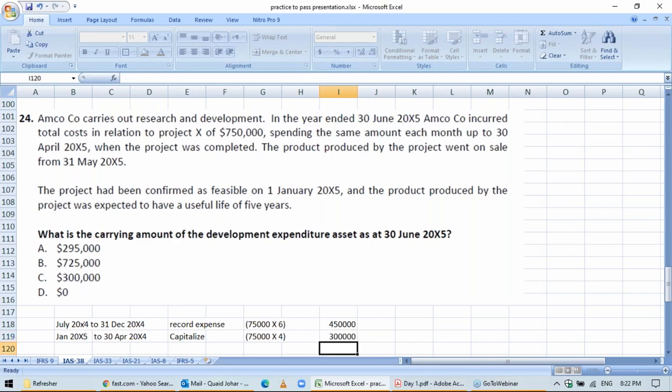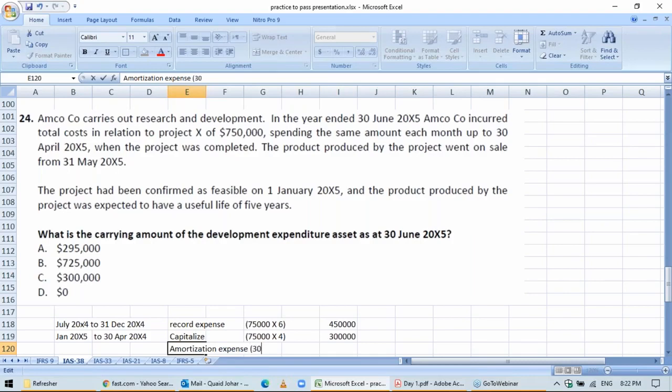So this has been capitalized, and then amortization. Amortization expense, because your year end is 30th June, so 2 months amortization should be recognized.